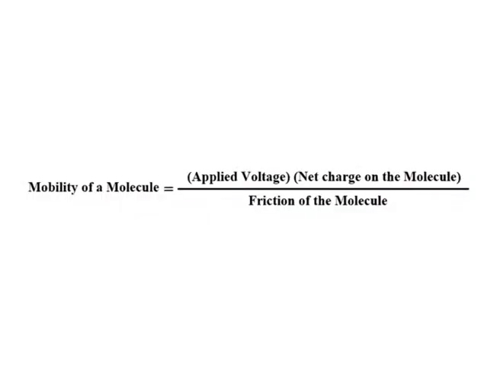Fundamental principle and methodology. All types of electrophoresis are directed by a single set of general principles illustrated by an equation. Mobility of a molecule is the ratio of the product of applied voltage and net charge on the molecule to the friction of the molecule.